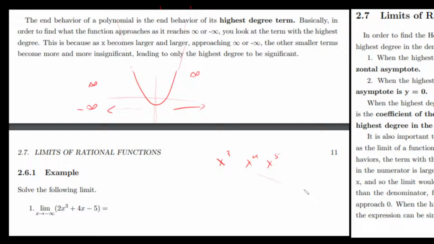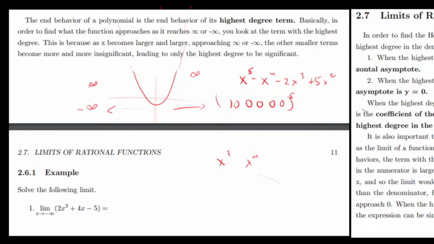Now, the reason why they follow the highest degree term, basically the one with the highest exponent, is say I have x to the fifth minus x to the 4 minus 2x to the third plus 5x to the second. We start with 1, right? One's a pretty small number. They contribute pretty much evenly to it. But say we get to 10,000 or 100,000. 100,000 to the fifth power is going to be much bigger than any of these numbers.